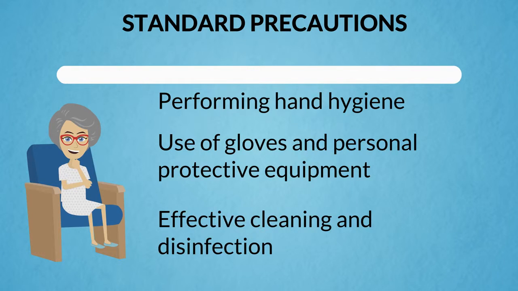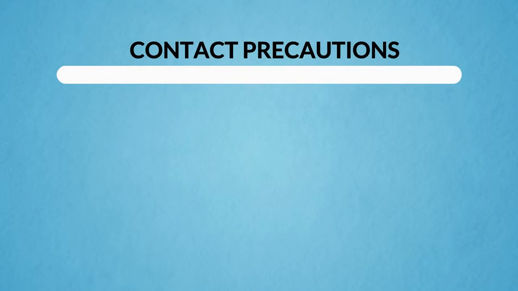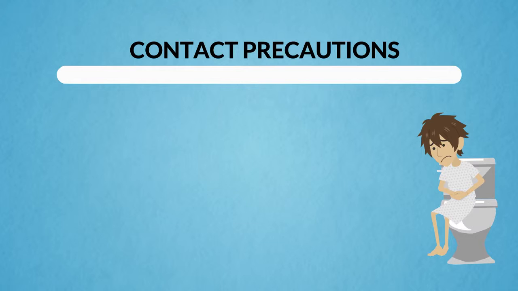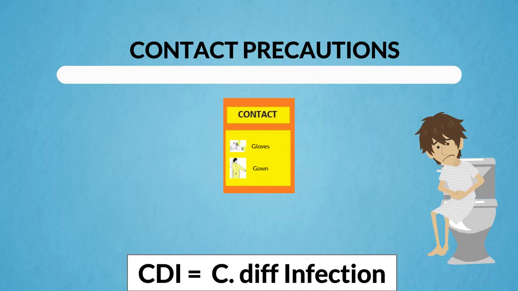In addition to standard precautions, contact precautions are usually added when caring for patients or residents with symptoms of active C. diff infections. Some facilities may require individuals to be in contact precautions until they are discharged or have completed their CDI treatment.